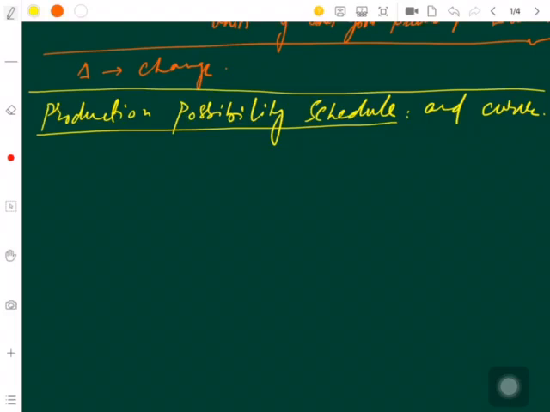As we have been defining, production possibility curve is a graphical representation.